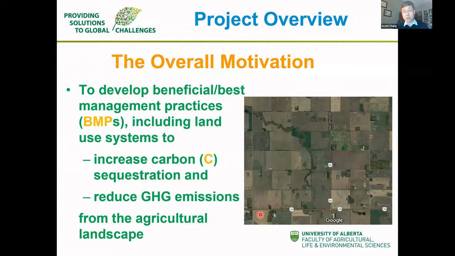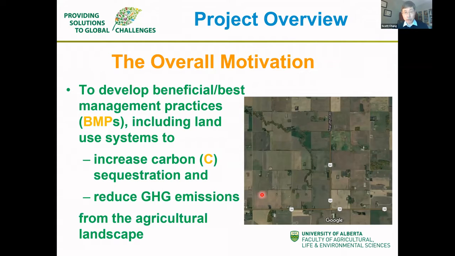Since agriculture is a really major source of greenhouse gas emissions, or contributions to the climate change issue, obviously there is a lot we can do to help reduce the greenhouse gas emissions in agriculture.